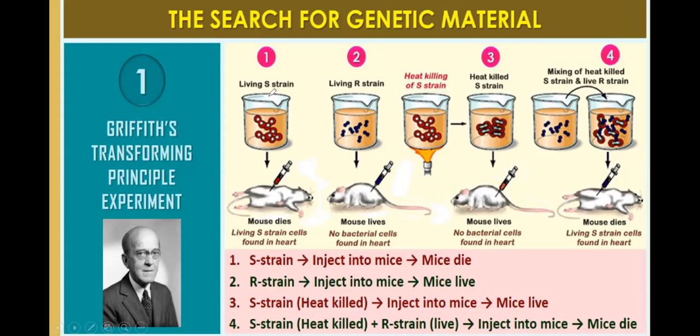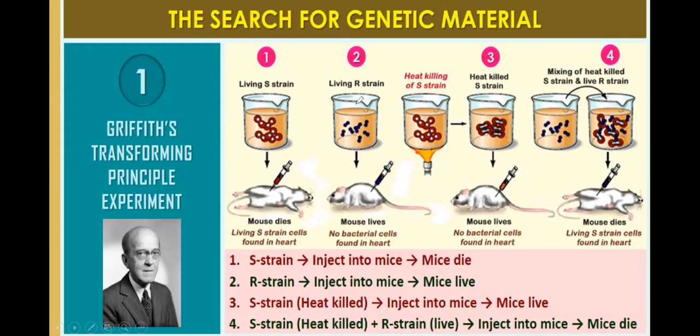When he injected mice with living S strain, the mouse dies. Living S strain cells were found in the heart of the mouse, because the heart was damaged, and ultimately the mouse dies. Why? Because S is virulent.